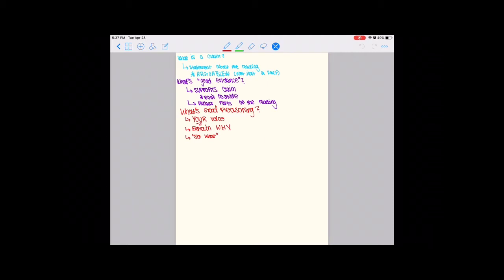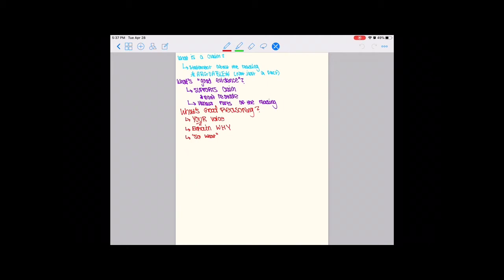Because anyone can use big words, but that doesn't necessarily mean that your claim is correct, or it might not make sense if you use those big words. So I recommend that when you're explaining your claim and your evidence, you stick to words that you understand. That way your whole argument, your whole piece of writing will make sense and you yourself can understand it.